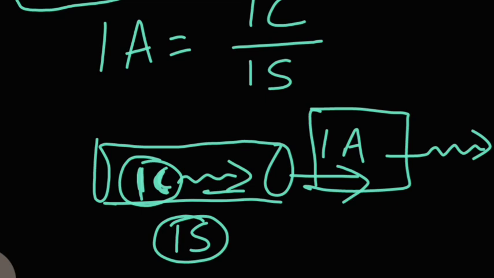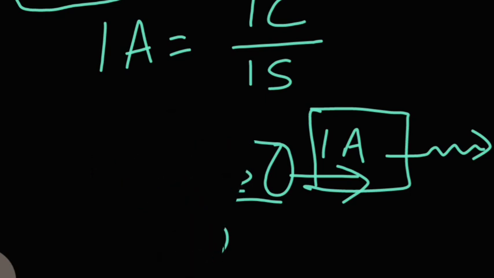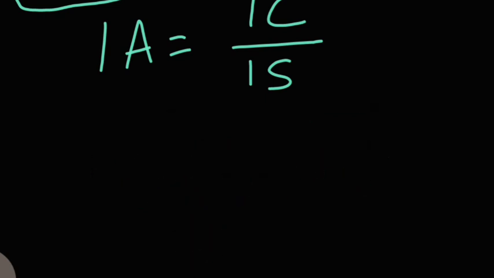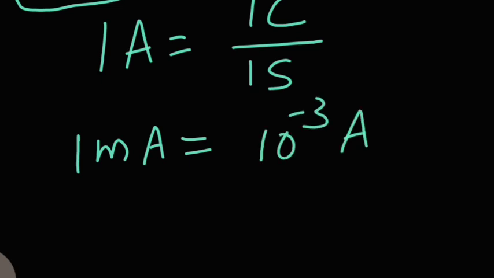Okay, now in addition to this ampere, we have smaller units and higher units of ampere. That is, we can have milliampere. Milliampere is a smaller unit. Milli means 10 raised to minus 3, so 1 milliampere will be 10 raised to minus 3 ampere.